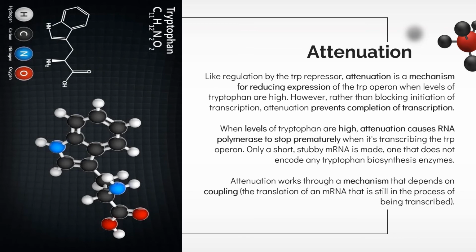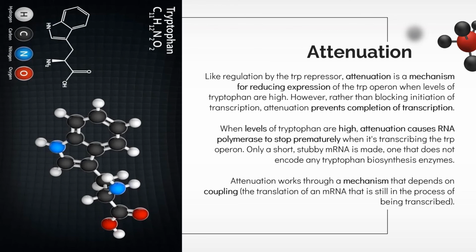So after discussing the repressor structure and how to turn off and turn on the trip operon, the next topic is attenuation. Like the regulation by the trip repressor, attenuation, as we talked about in the starting slides, is a mechanism coupling both the translation and the transcription structures for reducing the expression of the trip operon where the levels of the tryptophan are high.